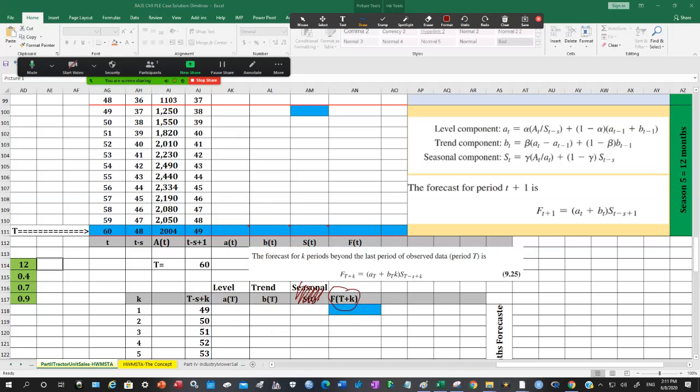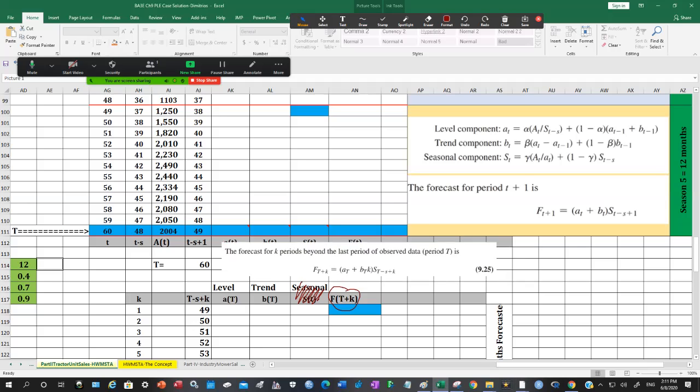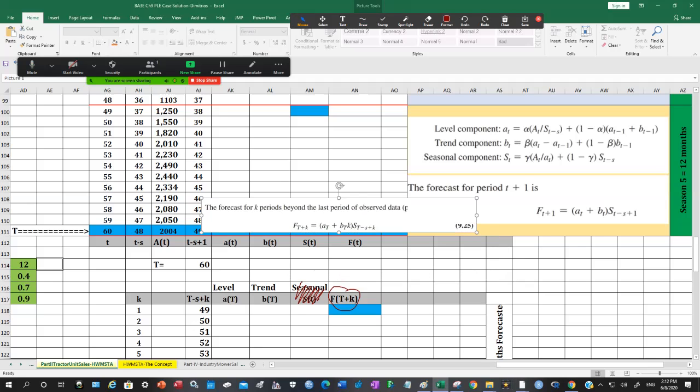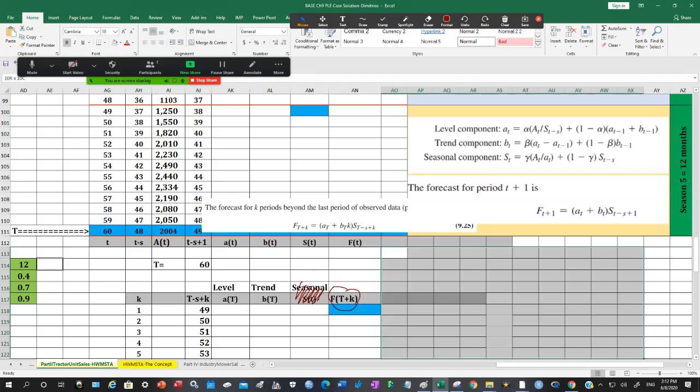So let me make some clean space and clean this up a little bit.